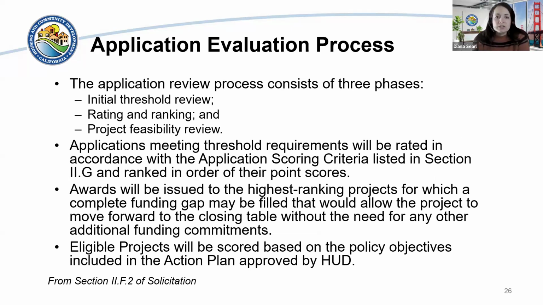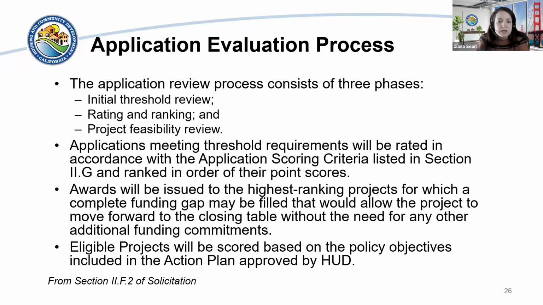Moving to the application evaluation process, the application review process consists of 3 distinct phases: initial threshold review, rating and ranking, and project feasibility review. Applications meeting threshold requirements will be rated in accordance with the application scoring criteria and ranked in order of their point score.